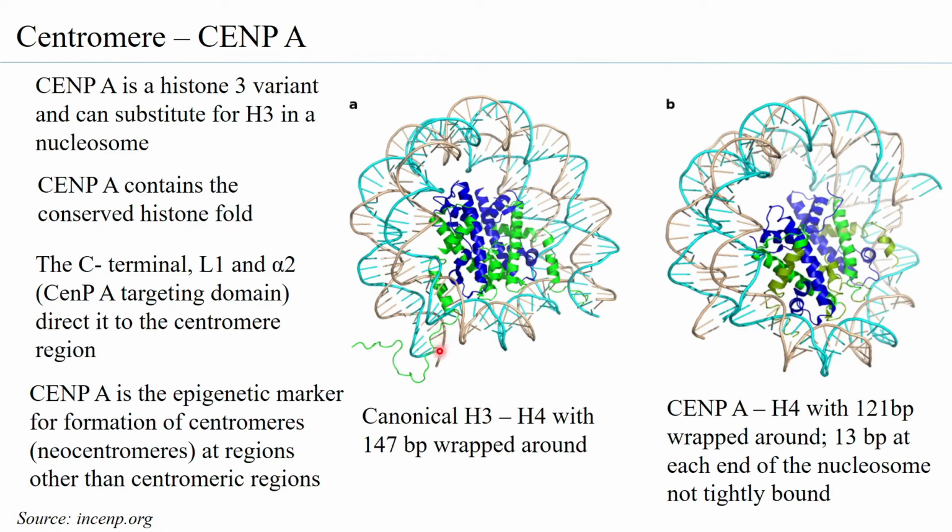Where you will have this more compact and rigid, here you will have it more open, because at the entry point and exit point of the DNA that winds around, 13 base pairs on both sides are not associated with the nucleosome core particle. So the understanding is that the CENP-A H4 compacts the DNA, but the compaction is not similar to a canonical H3-H4. So there is a difference. Wherever you have the CENP-A H4, you would have a difference in the higher order structure of the DNA. So it is not as tightly bound.